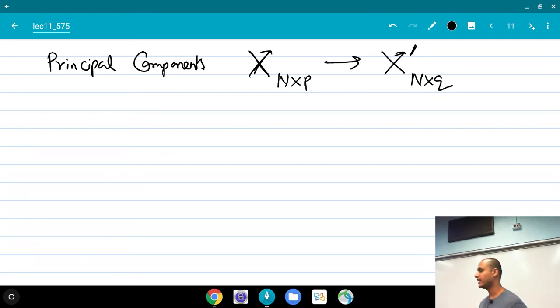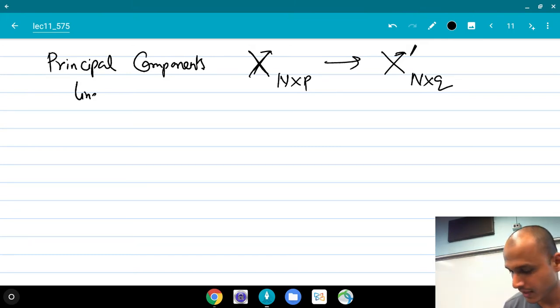Principal components is a way to do this reduction in a certain way. There are many ways to reduce dimensionality, and some of them are non-linear. Principal components is going to be a linear way to reduce dimensions. It's linear, and we'll see why pretty soon.